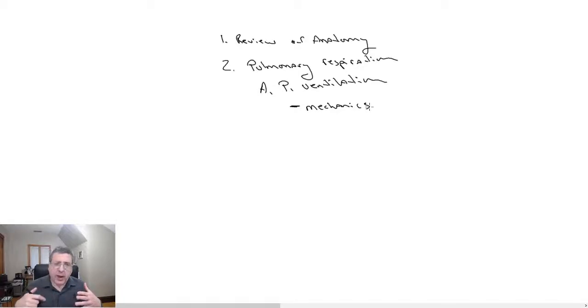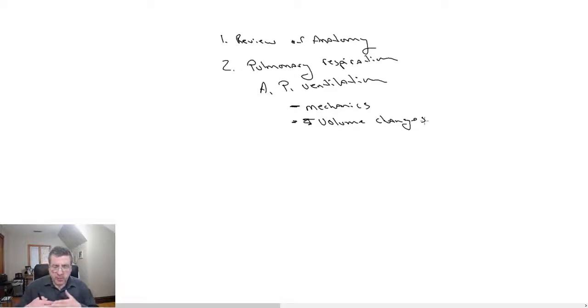We will look at the volume changes. So this is going to be pulmonary volumes, so how much air is in the lung at various stages of breathing. And it will also look at the volume changes of your thoracic cavity itself. Now, when the thoracic cavity volume changes, that's associated with inspiration or expiration.